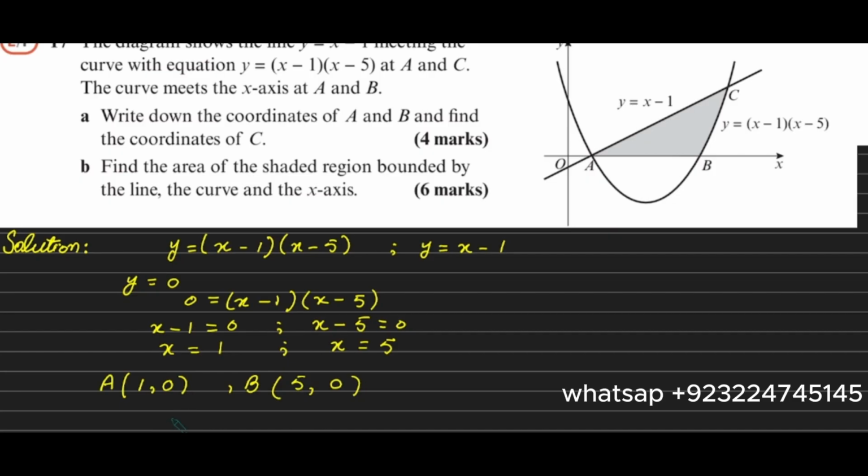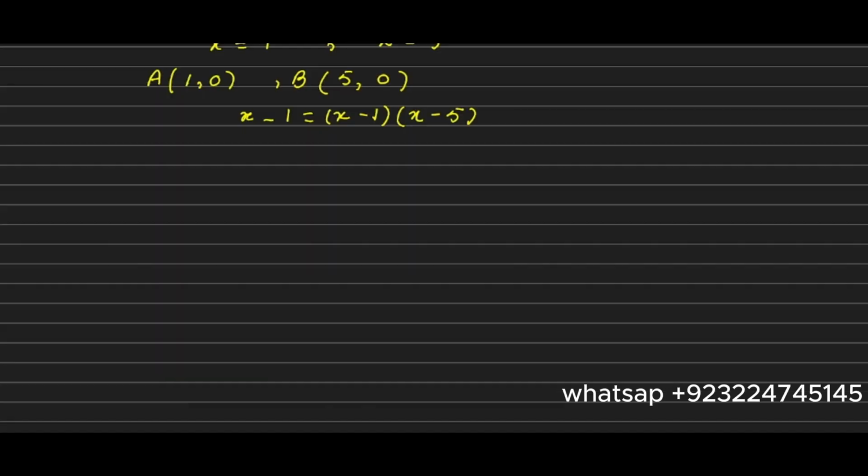So we write x minus 1, which is the equation of the line, equal to the equation of the curve, x minus 1 into x minus 5. So we find the point C.